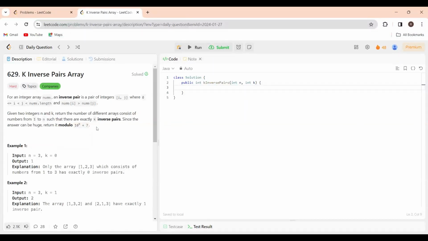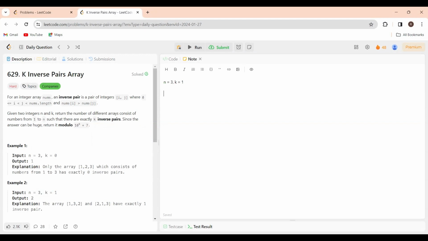Let us quickly understand what the question is saying, and visualize it with an example case. You are given n, which means we consider the numbers 1 to n. And k represents the number of pairs we need, and the pairs must be inverse pairs.